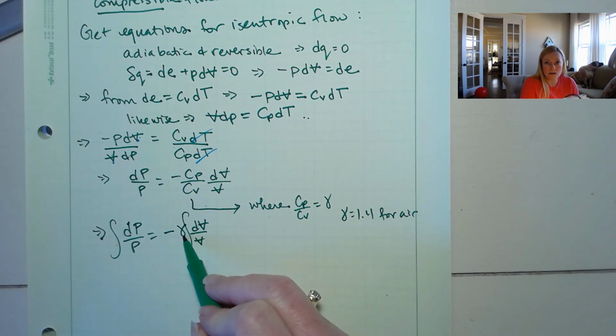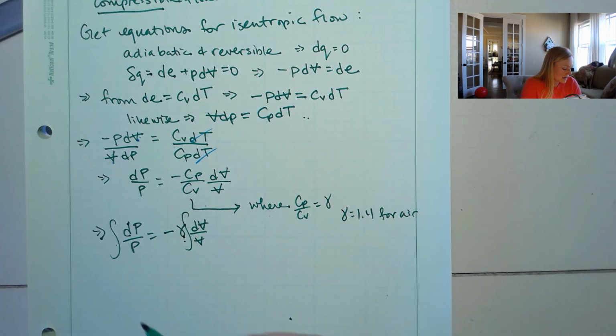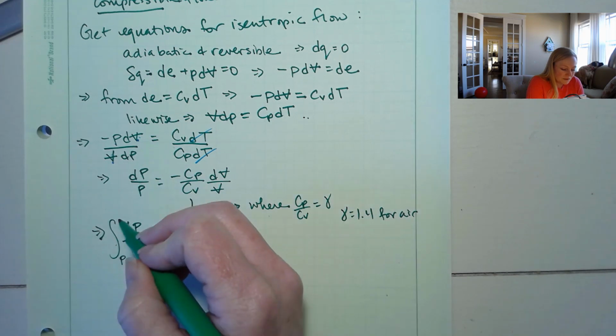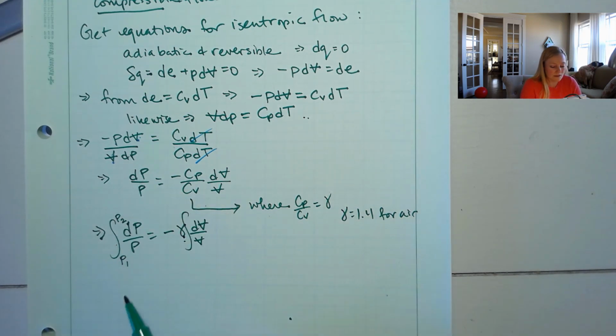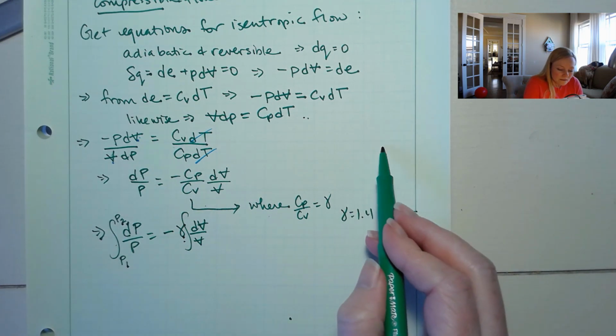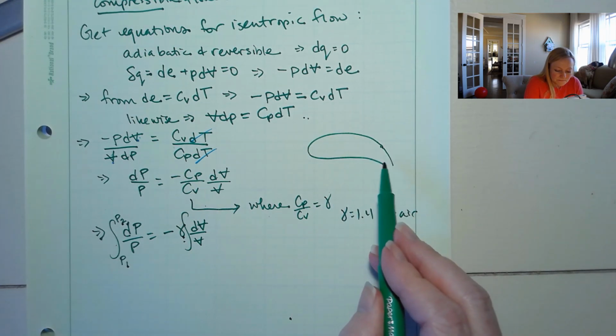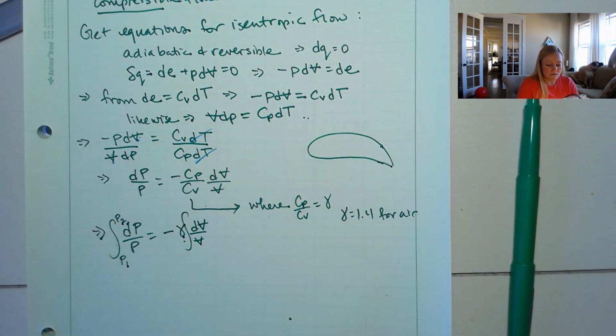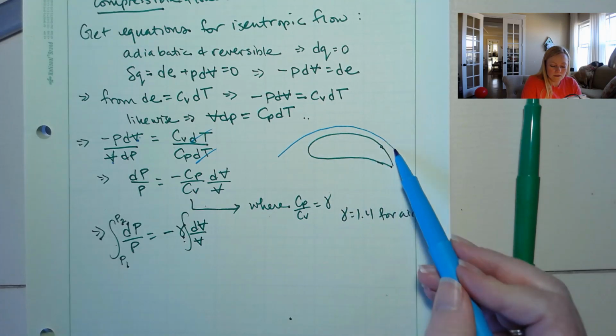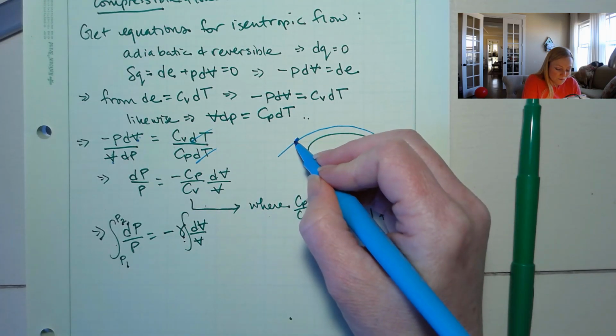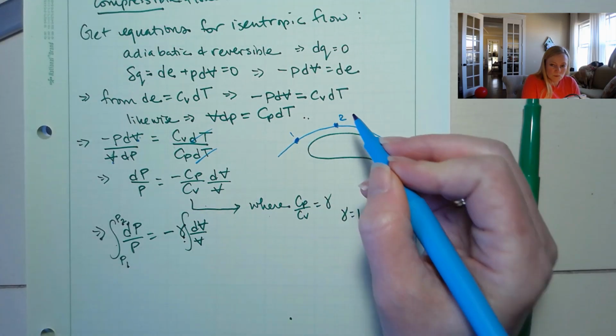Remember that gamma is constant, so we can pull that out. And we're going to go from P1 to P2. This is the pressure at point 1, and this would be the pressure at point 2, because remember, we're going from point to point. So if we draw our favorite airfoil and put a streamline over it, we would have point 1 and then point 2.